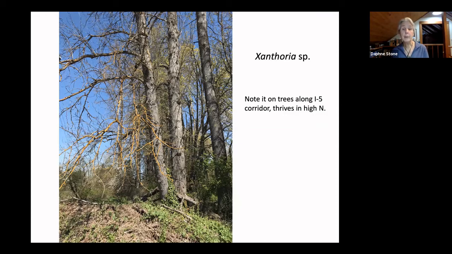So along the I-5 corridor, there's a lot of dust being blown up all the time by cars. And a lot of times when you see this, it's also near an agricultural field where the dust is stirred up by plowing. So that sort of explains our orange trees.